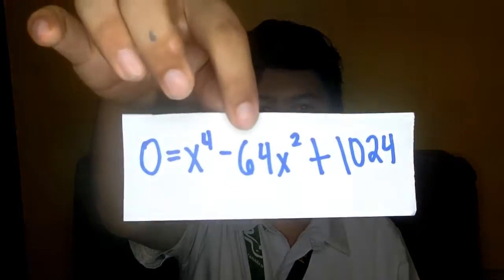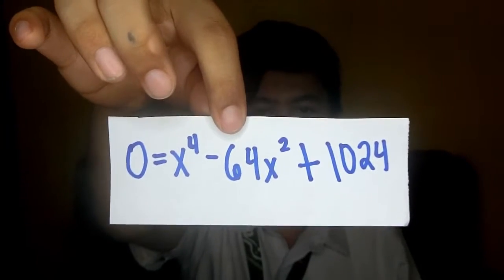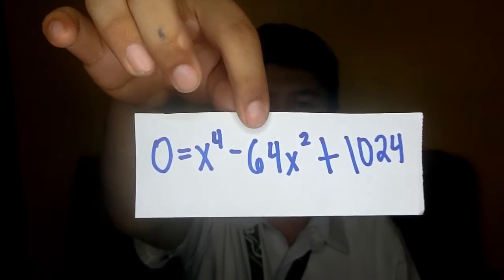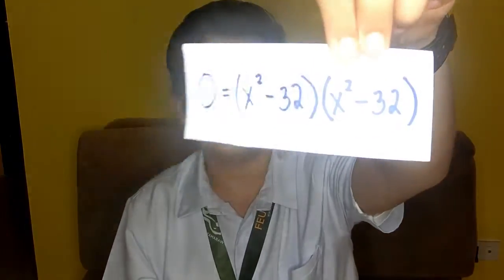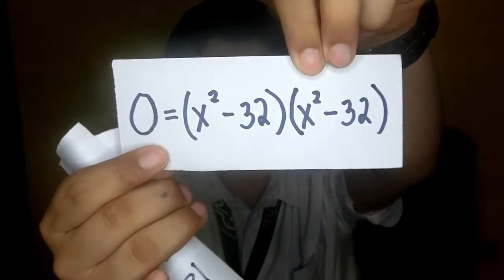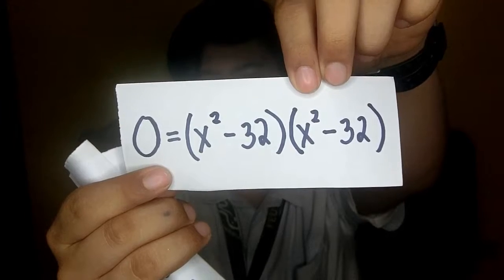The next step is to move all the terms from the left side to the right side of the equation. It will become 0 equals x to the fourth minus 64x squared plus 1024. From this, we need to factor it. The factored form is 0 equals (x squared minus 32)(x squared minus 32).